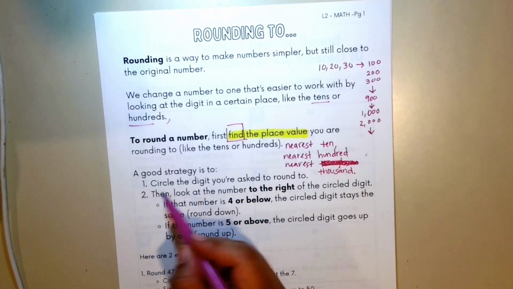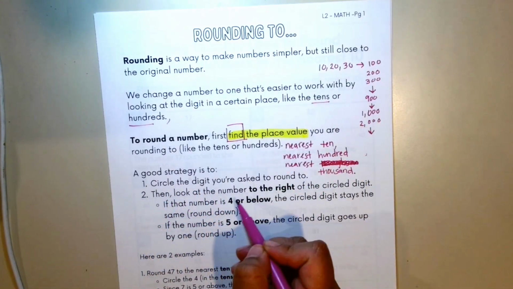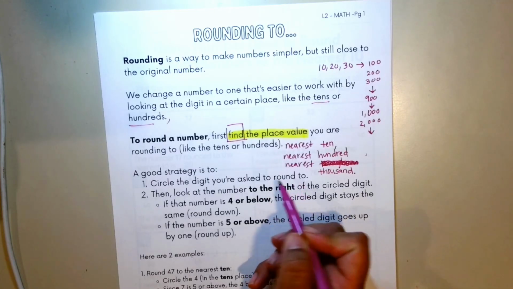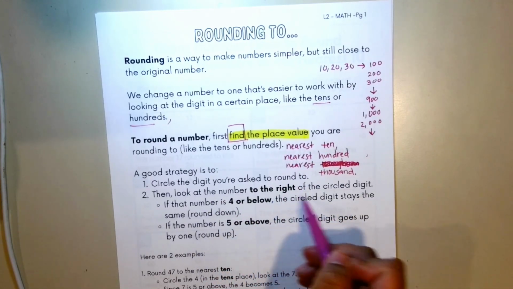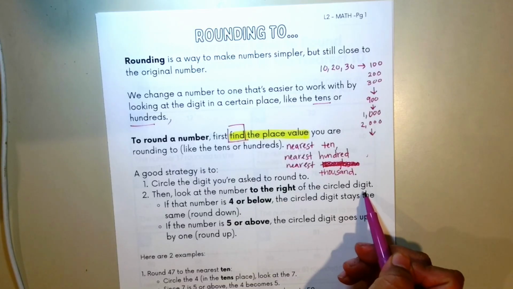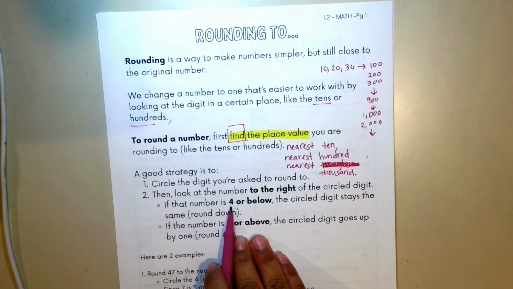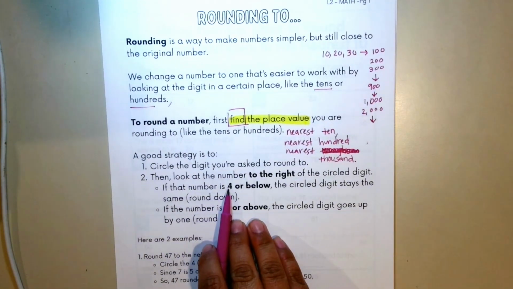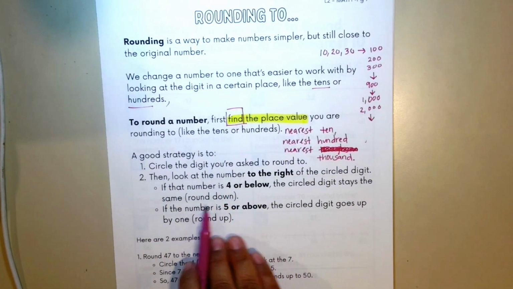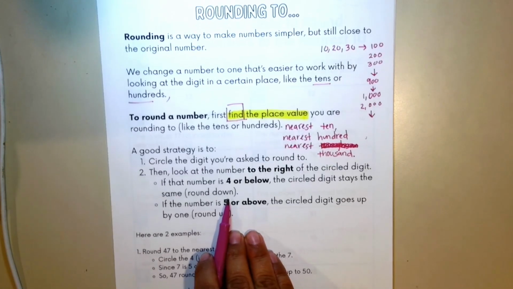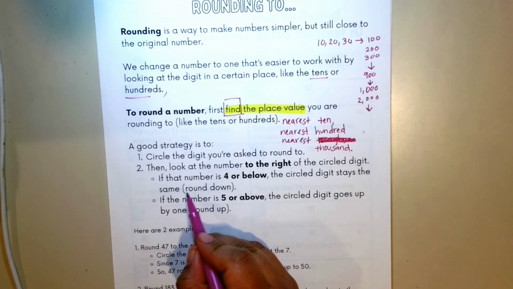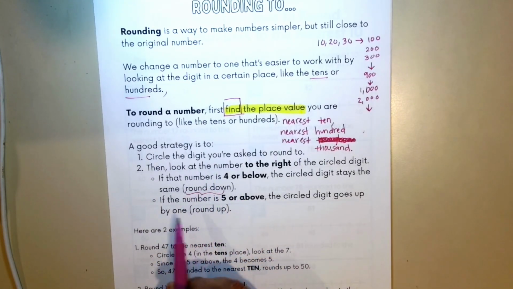So first off, we're going to circle the digit that we're asked to round to, and then we're going to look to the right of that circled number, and if it's a 4 or below, then we'll be rounding down. And I'll give you more of an explanation of what rounding down means in a little bit.